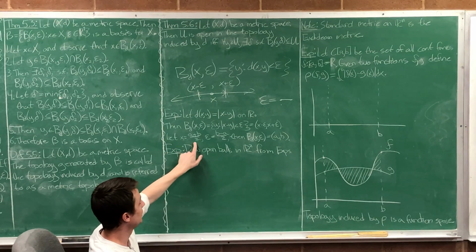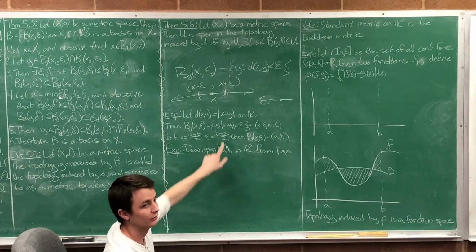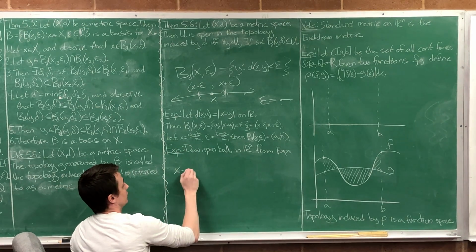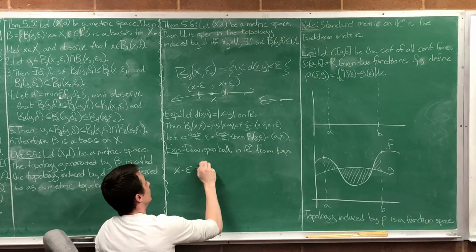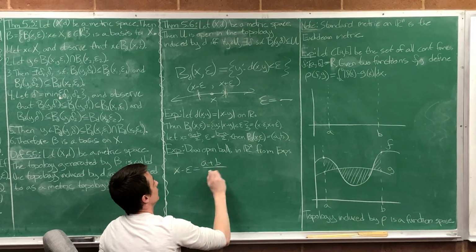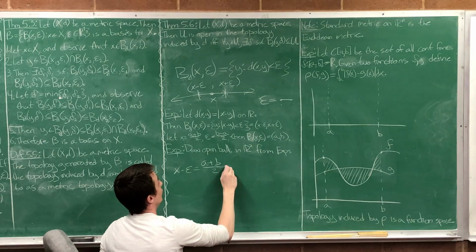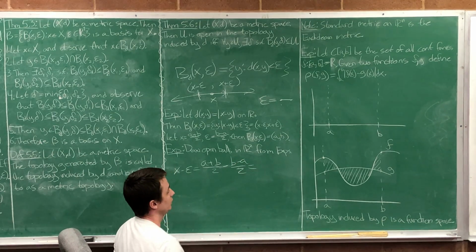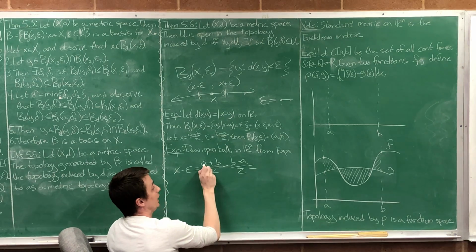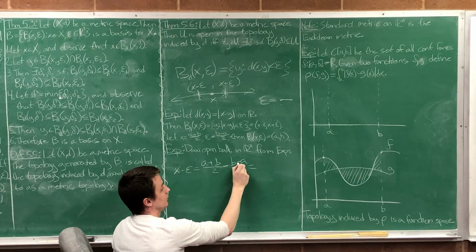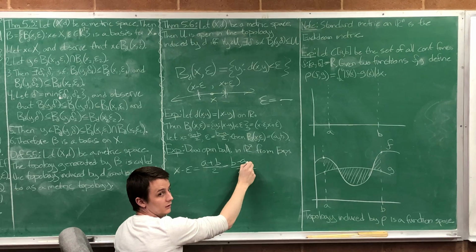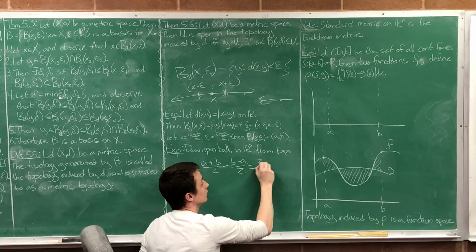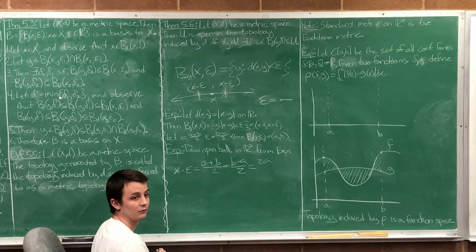So if x is equal to a plus b over 2 and epsilon is equal to b minus a over 2, then x minus epsilon is equal to what? A plus b over 2 minus b minus a over 2, which is equal to, we have a minus negative a is going to be 2 a's. You see that with our a's?